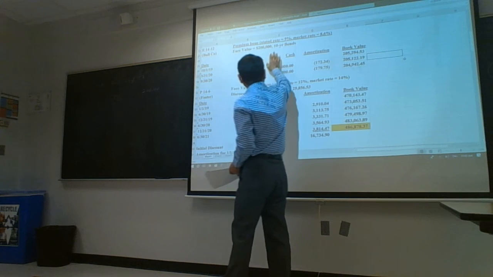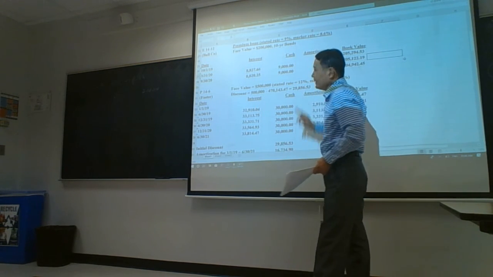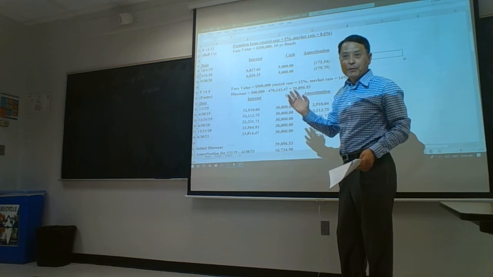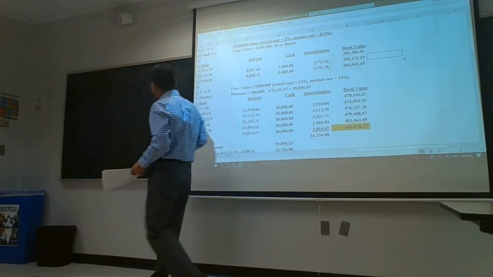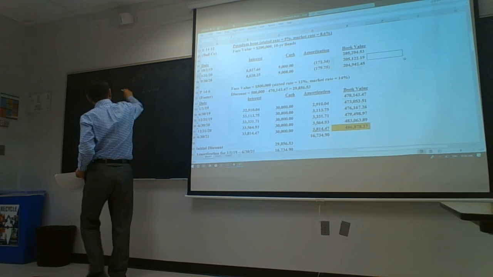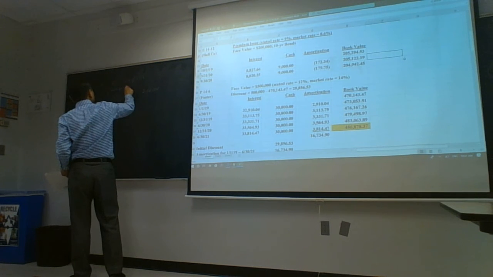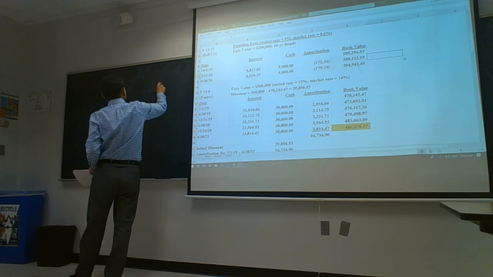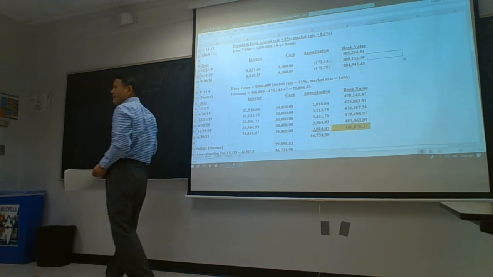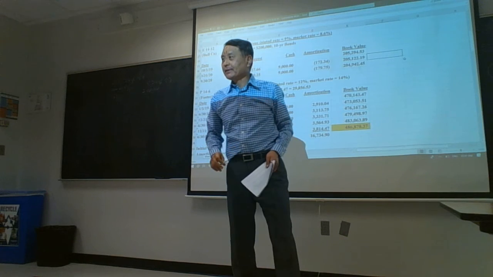Again, the stated rate is higher than the market rate, so this is a premium issue. The premium is the difference between these two, so premium on bonds payable, 5,294.53. So discount on debit, premium on credit.